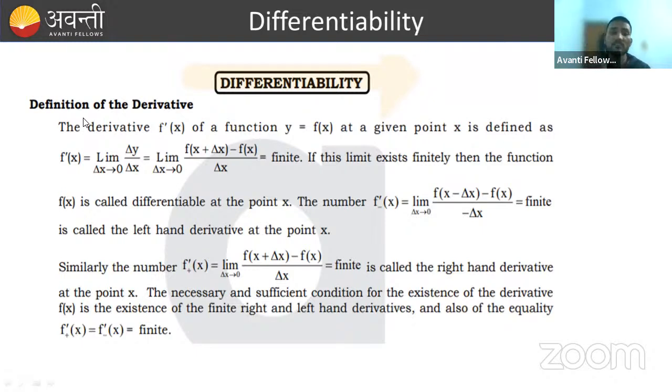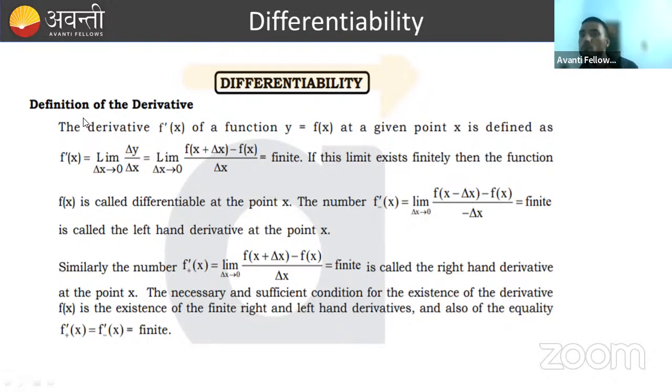If the change is very small, meaning delta x is tending to 0, we can write the change as y2 minus y1 divided by x2 minus x1, where y2 is f of x plus delta x, so f of x plus delta x minus f of x divided by delta x. If this limiting value comes as a finite value, then we can say that the limit exists, and also that the function is differentiable.